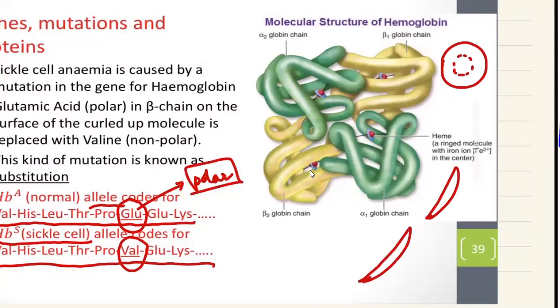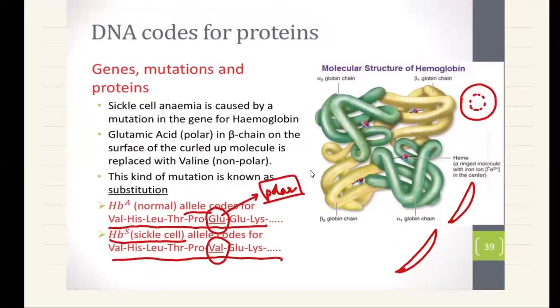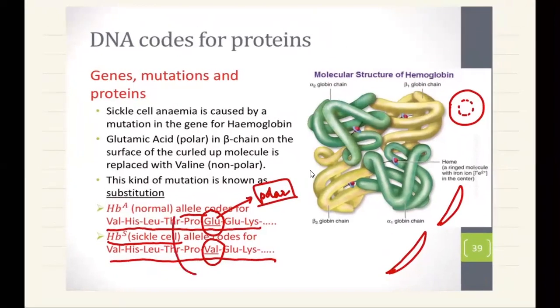So we can see that such a small change, the replacement of one amino acid with another amino acid, is going to change the entire structure of the hemoglobin. Then we see how this change happens at a genetic level.